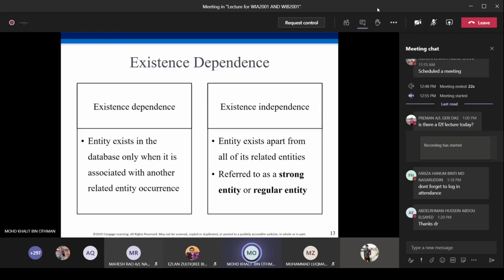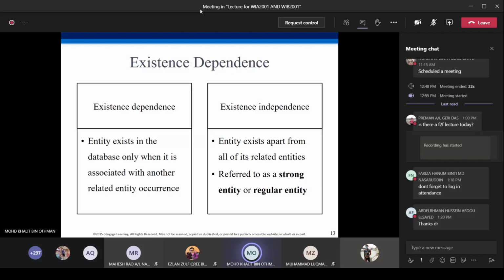And then we move to existence dependence. We have existence dependence, and we also have existence independence. An entity is said to be existence-dependent if it can exist in the database only when it is associated with another related entity occurrence.